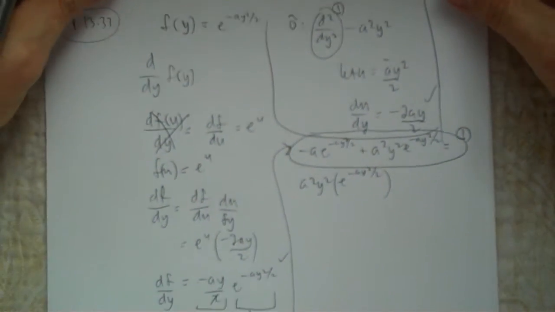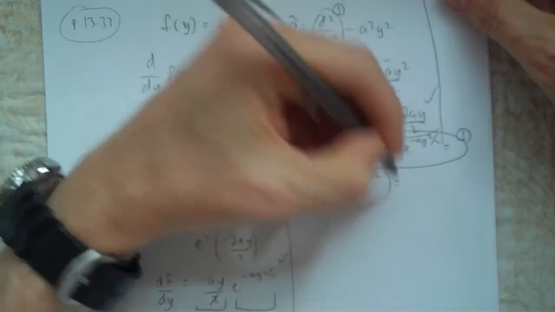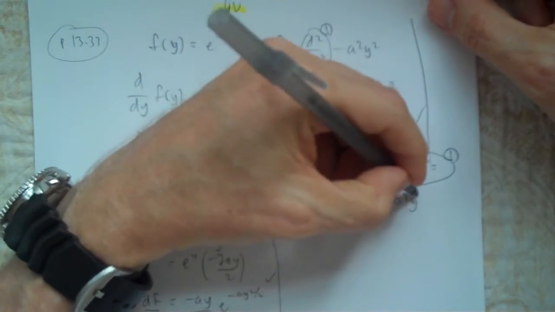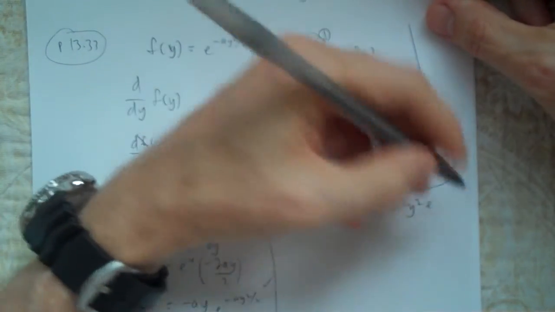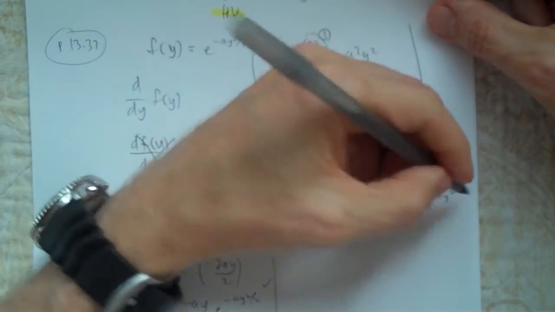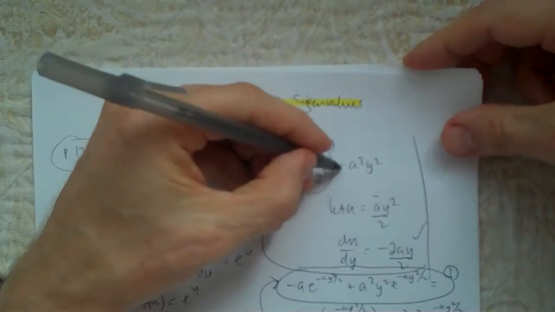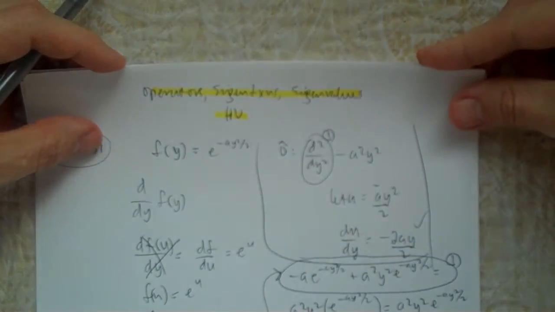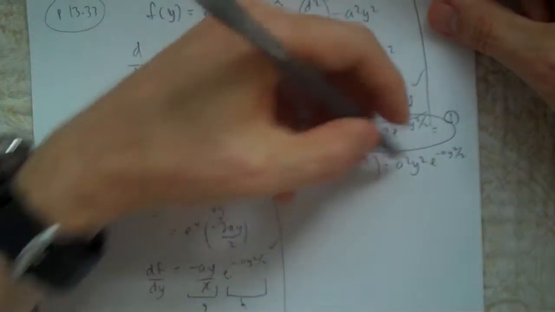That's pretty simple. It's just a multiplication problem: a squared y squared e to the minus ay squared over 2. Now it's a subtraction, so maybe this is good news. Maybe it is going to end up being an eigenfunction. Okay? So that's part 2.